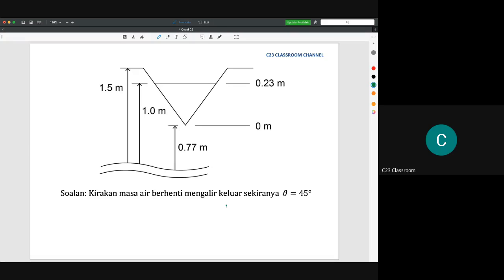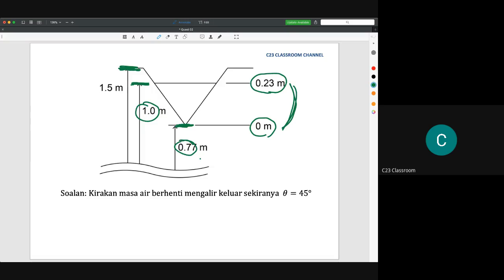So we know that the height of the tank is 1.5 like this, and the water level is 1 meter. But the tip, the end of the V notch or triangular weir, is at 0.77 meter. So the limit is actually 0.23 and 0 meter. Why do you need to take this as your limit, not 1 and 0.77?